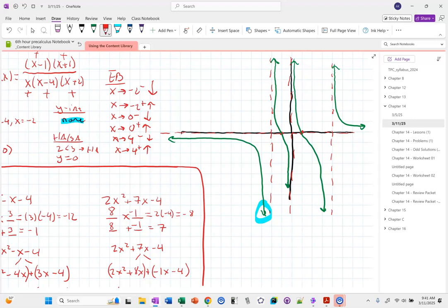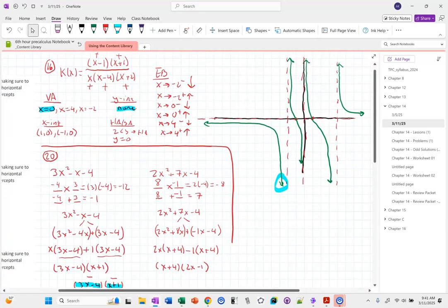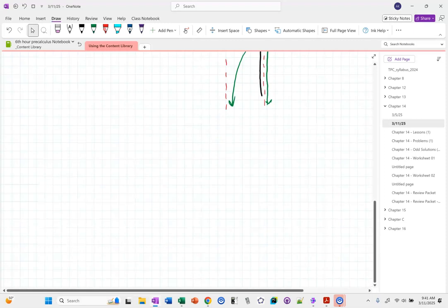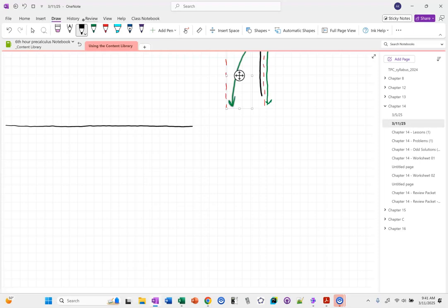Feel okay? All right. And again, if we were to have a homework quiz later this week, you'd have to be able to find things like vertical asymptotes and x-intercepts and, you know, those key features, domains, stuff like that. You know what I mean, guys?